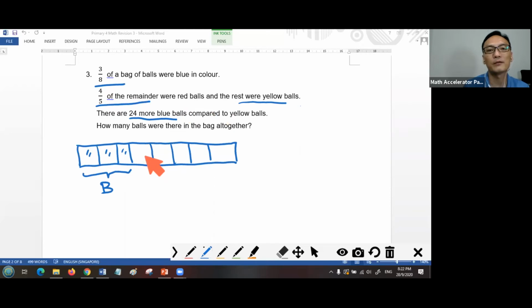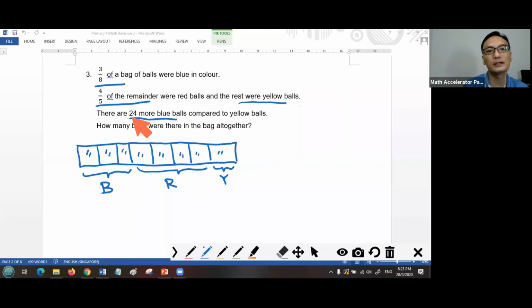Let me see how many units remain: 1, 2, 3, 4, 5. So out of 5, the next 4 units here belong to red, and the last unit here will be for yellow.